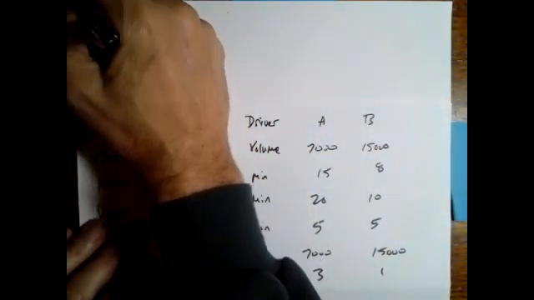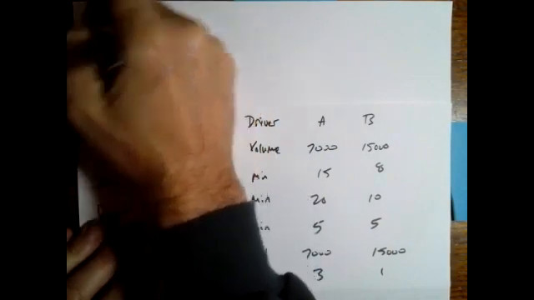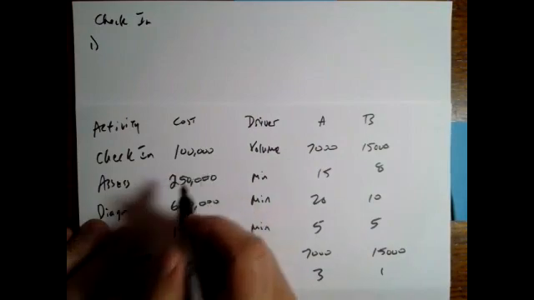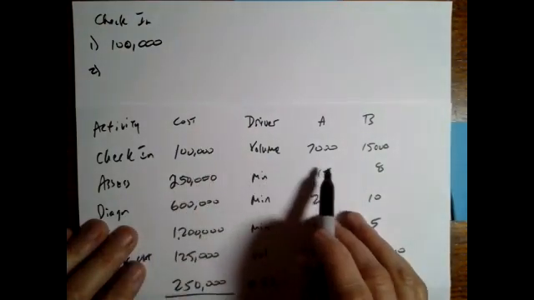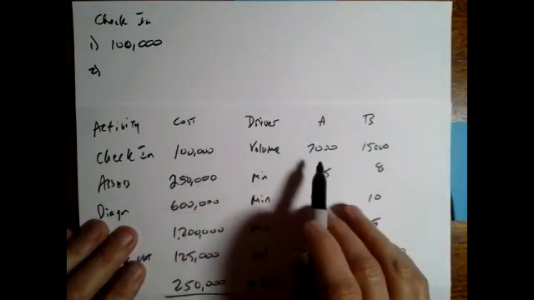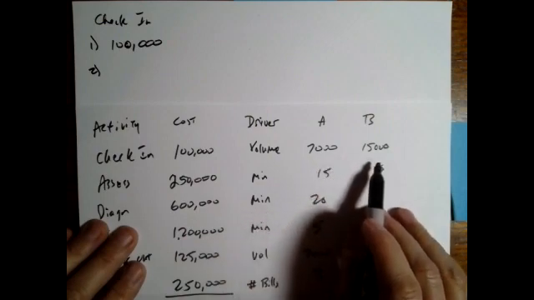So for check-in, I identify the cost pool, that's $100,000. Second, I need the driver. Well, the driver is the total volume, right? Not just one or the other, but the total. So 7,000 plus 15,000 is going to be 22,000 visits.